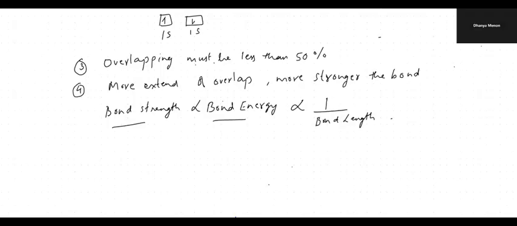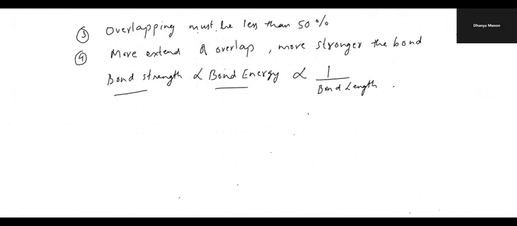Now the fifth postulate, or the fifth rule, is that there are two types of overlapping. The first is axial or head-on overlapping.